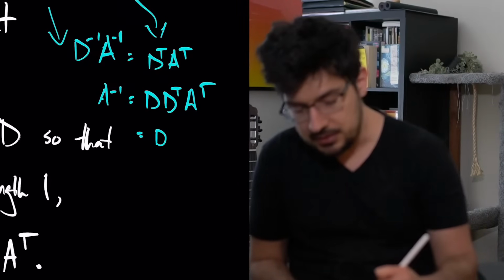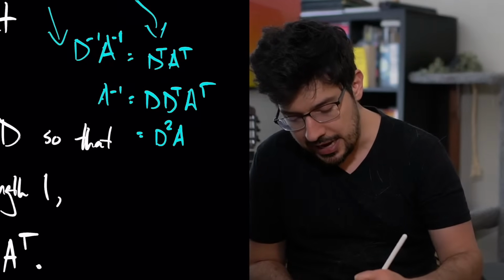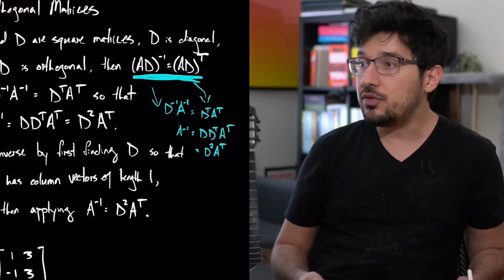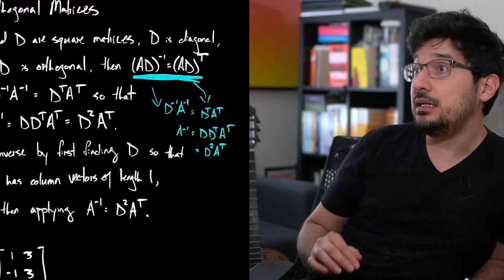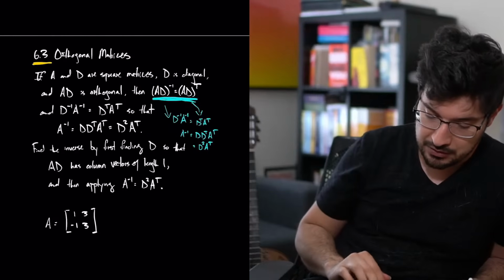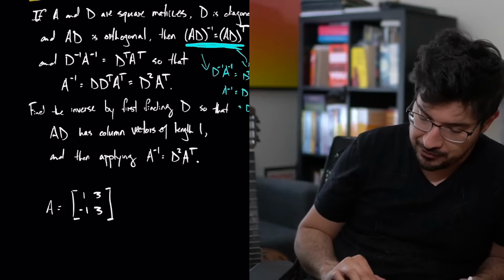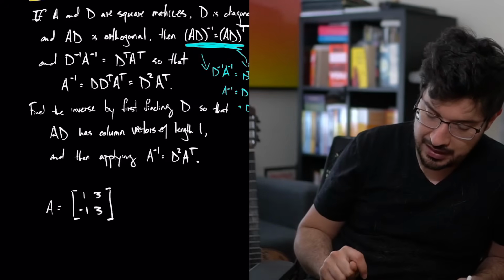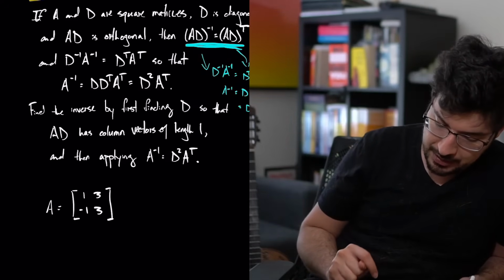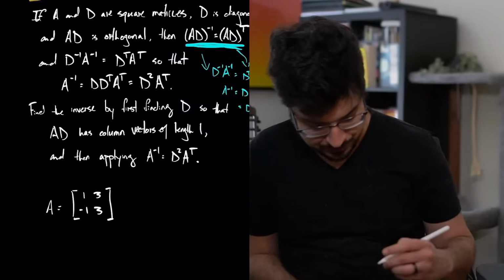So D transpose equals D, so this is D squared A transpose. That is a really nice, simple calculation to find the inverse of a matrix. So on this problem, find the inverse by first finding D so that AD has column vectors of length 1, and then applying our formula.